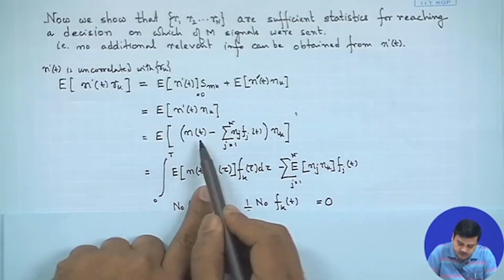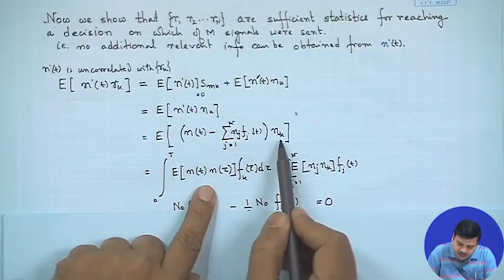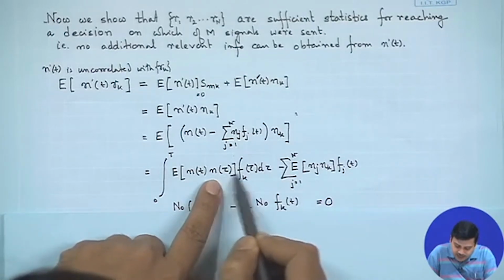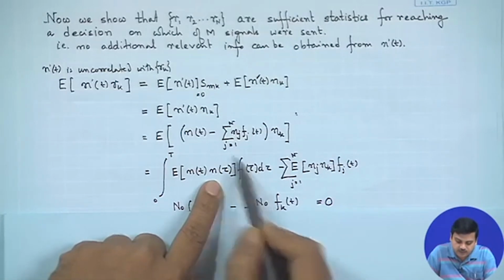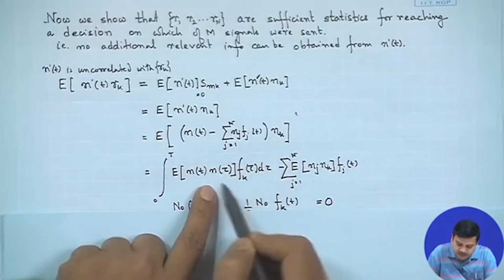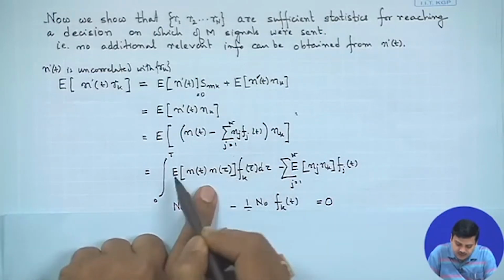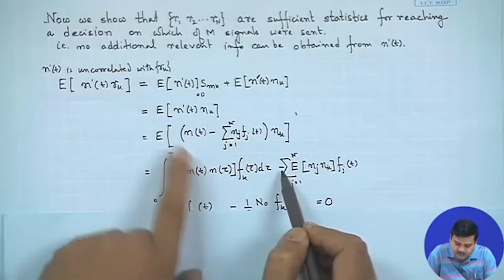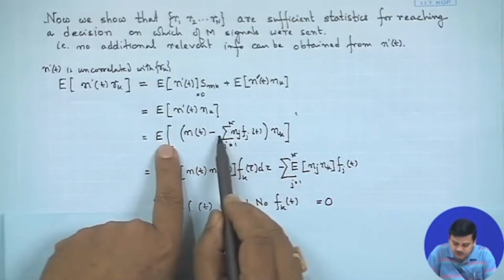Whenever you do the expectation of n t and n k, n k is basically n tau times f k tau, right. So, basically you have n of t, and n k is this whole expansion, and the expectation of that, minus the expectation which goes inside over here.